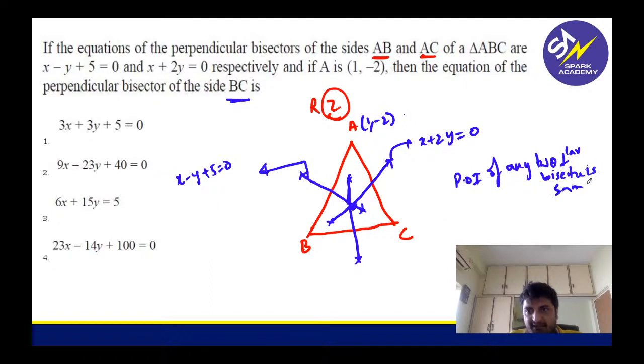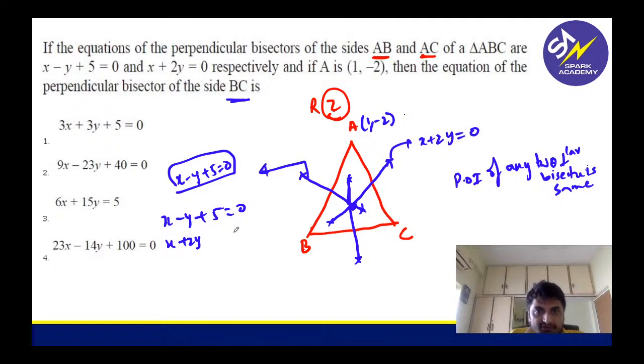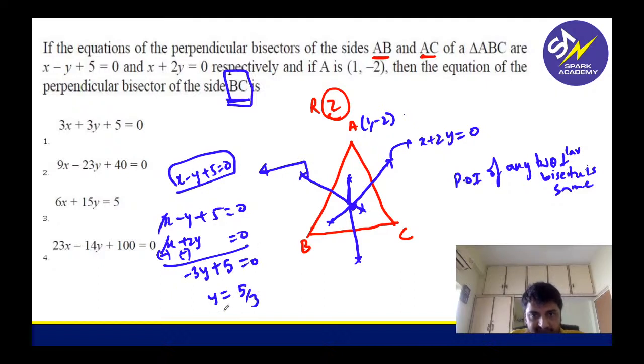So what does it mean, guys? If I find out the point of intersection of x minus y plus 5 equal to 0 and x plus 2y equal to 0, that should satisfy BC, right? Subtract, subtract. So minus 3y plus 5 equal to 0. y equal to what? 5 by 3.